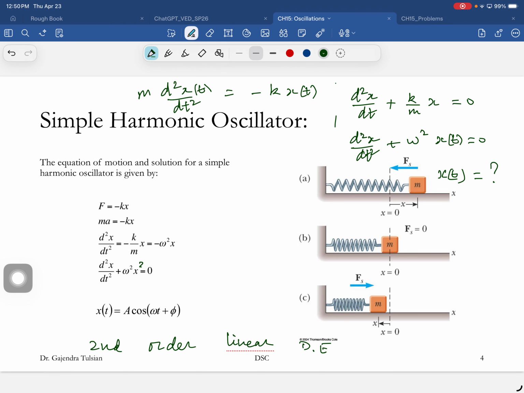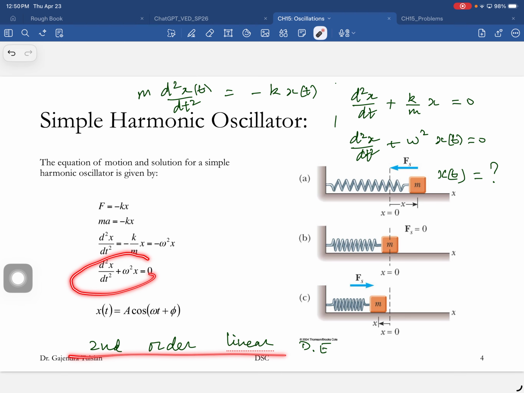So this is not an x squared, this is not an x squared, this is not a square. Those problems become very hard to solve. When you have nonlinear equations, those often lead to chaos. So you saw that. Those are the basic things about this differential equation.